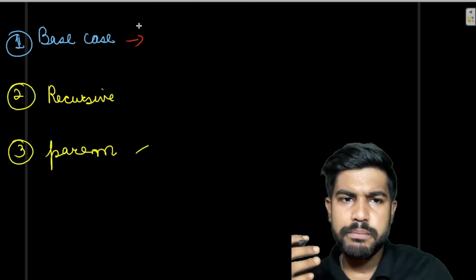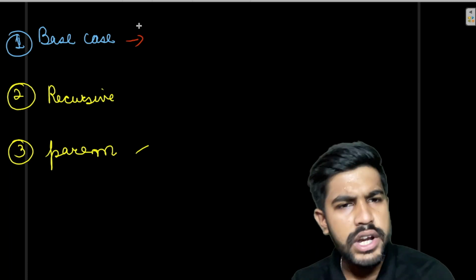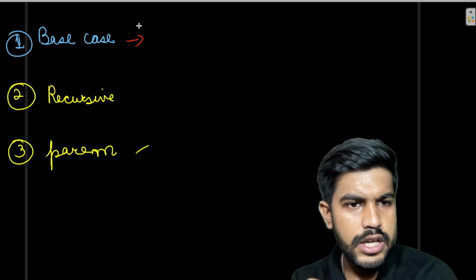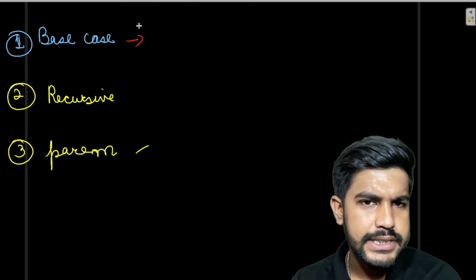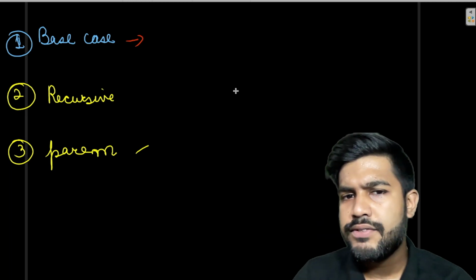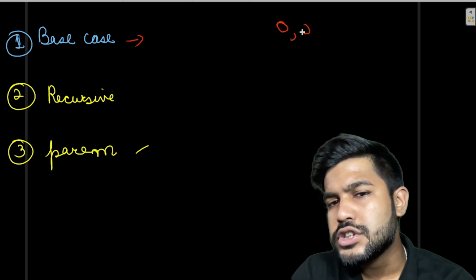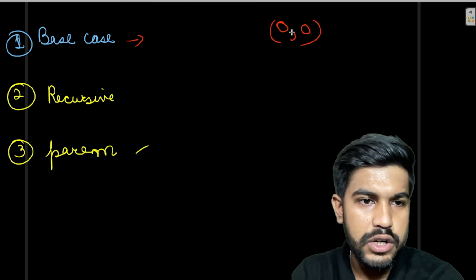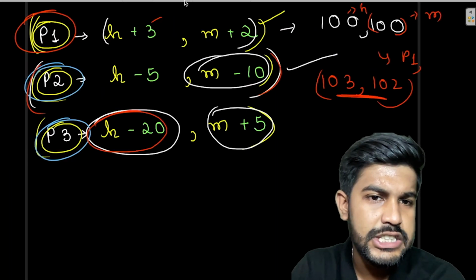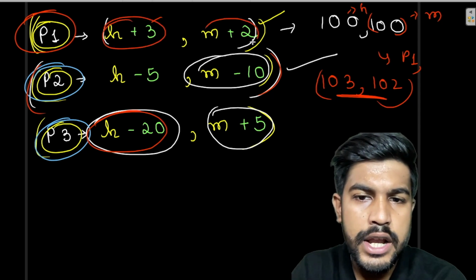The base case is every time the smallest case that can be handled by ourselves. The smallest case can be of two types. The first one can be 0, like either of them is 0. So still we can process something, like if it is 0, we have h plus 3 or m plus 2.